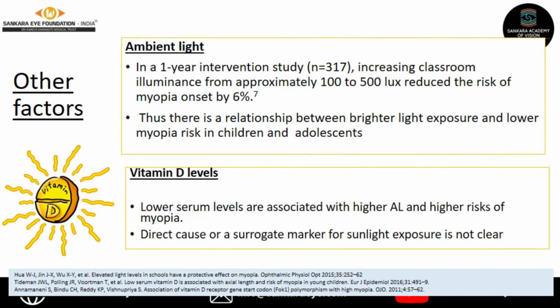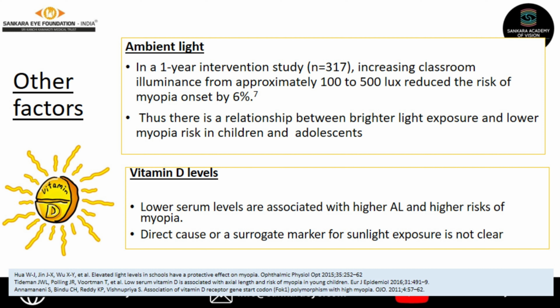It is also known that there are other factors like vitamin D levels. Whether vitamin D is a surrogate marker or it is related to sunlight exposure is not very clear. But when you have a low vitamin D, again it causes the numbers to progress. So checking your vitamin D levels goes hand in hand with checking your numbers to understand if that is playing a role.